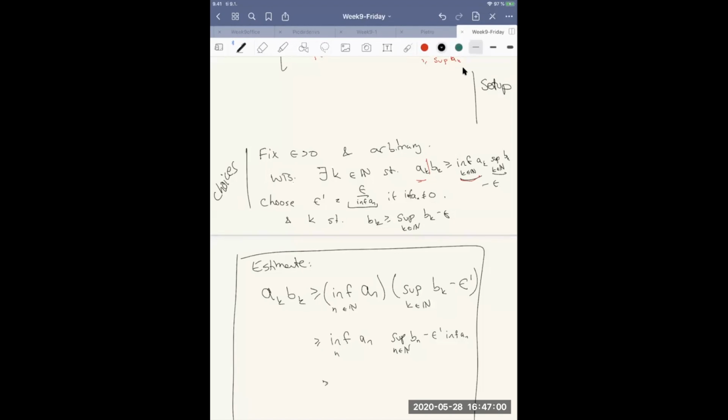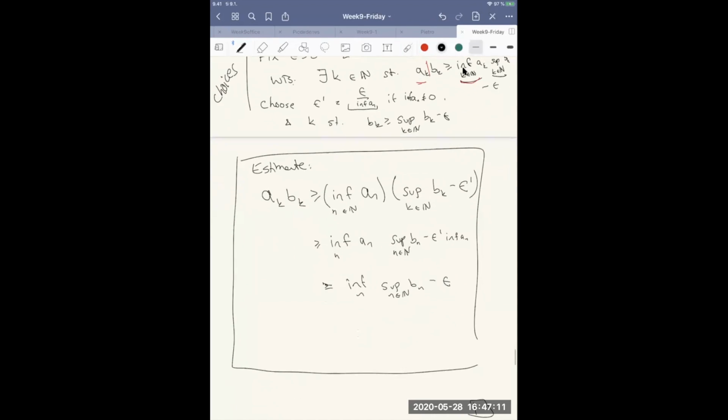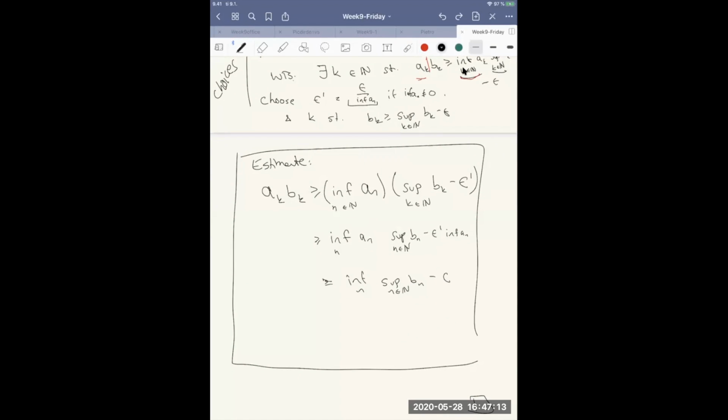In that case, we will get exactly the inequality that we want, by the choice of epsilon prime and k. But we have to add a little check. If infimum a_n is equal to 0, the inequality is immediate.